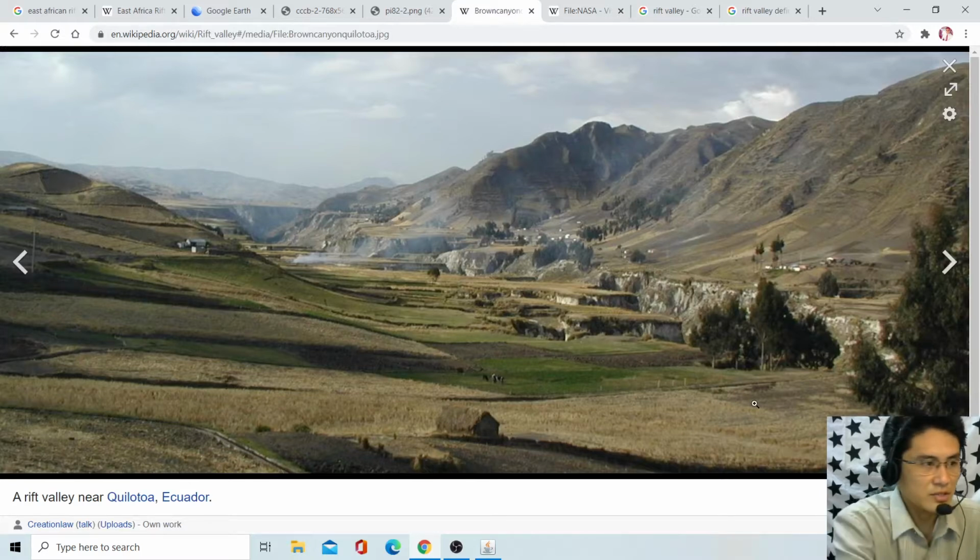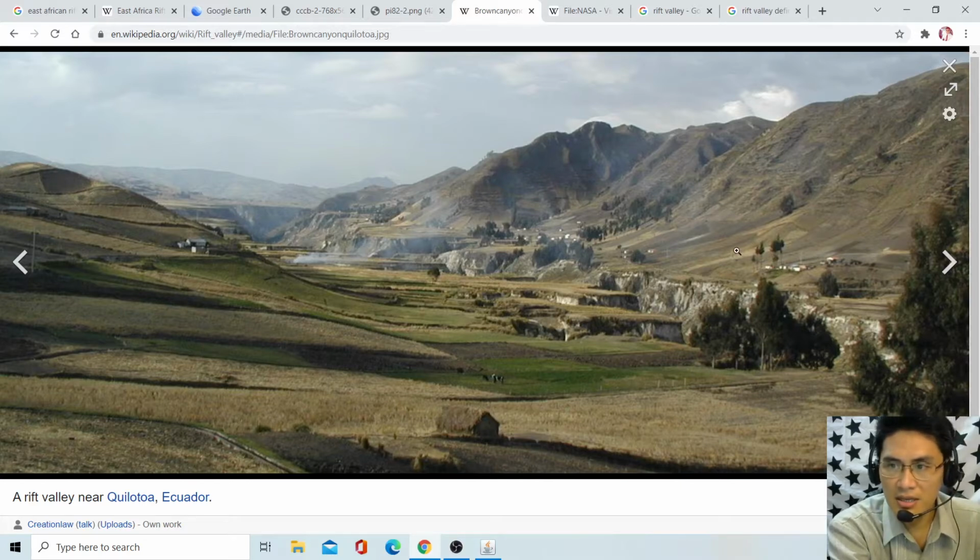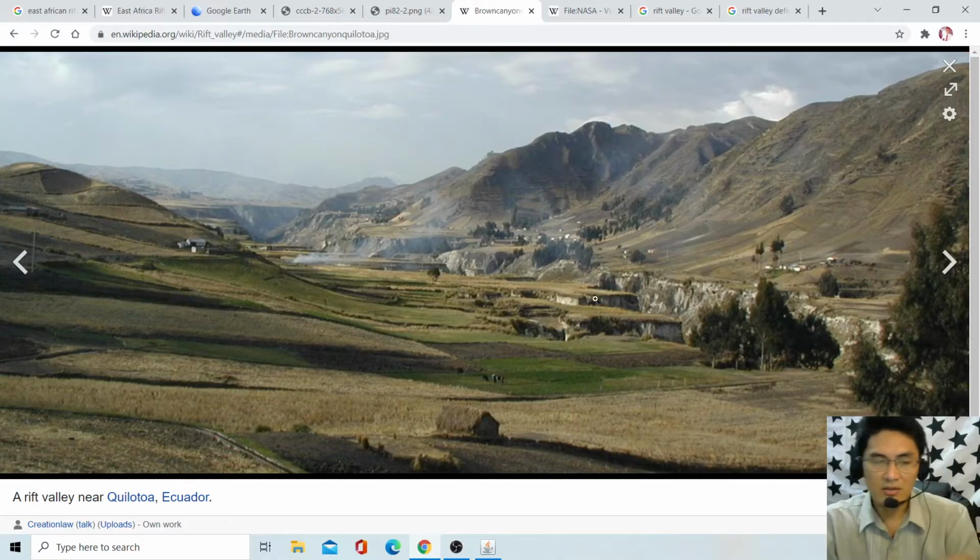example of a rift valley, which is this one, right? So here you see elevated areas on each side, and then at the middle you see a flat land, and then you see cracks, right? So literally the ground is split into two.